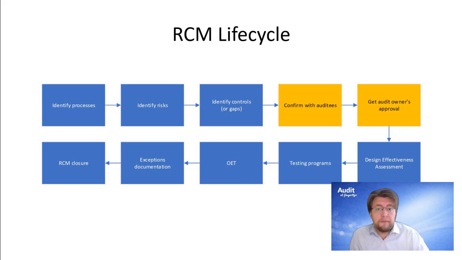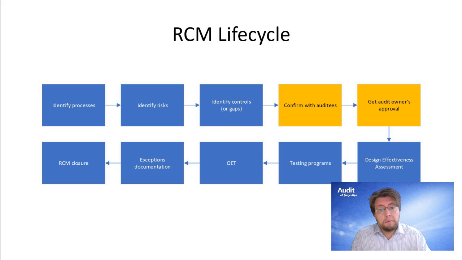Now, next step, very important, the first amber box, is to confirm what you wrote with your auditees, with your partners. Why is it important? Because before that point, this is your interpretation of the controls. However, the controls are something that is being done by the teams you're auditing. In that case, you need to confirm that your interpretation, the controls you recorded, those descriptions, are accurate.